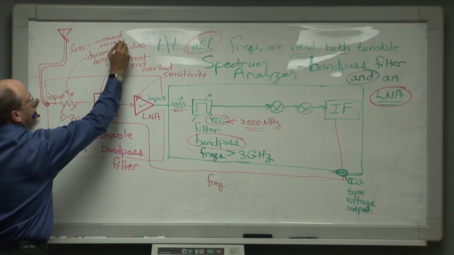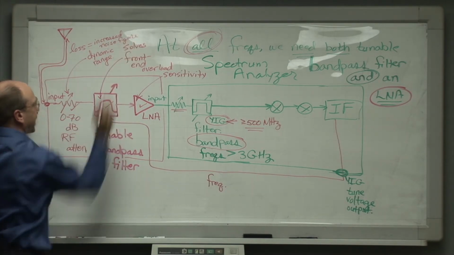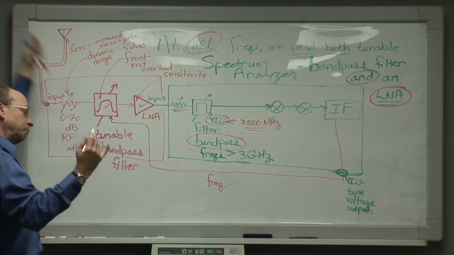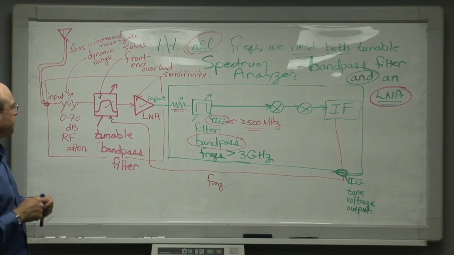And we want to keep that noise figure as low as possible. That's why we put an LNA here. So if we move this box up as close as possible to the antenna, that's good.